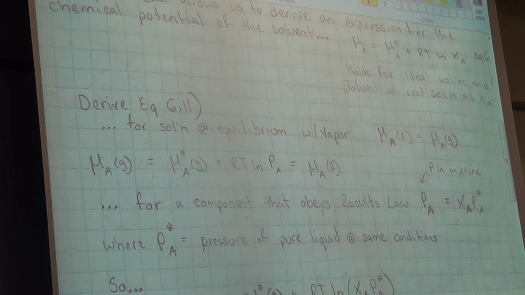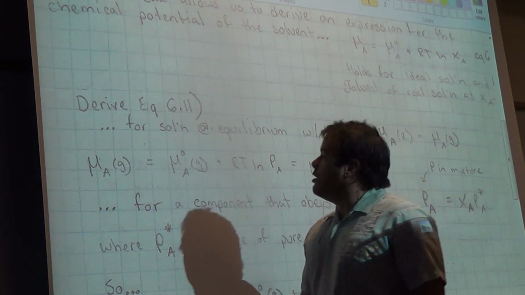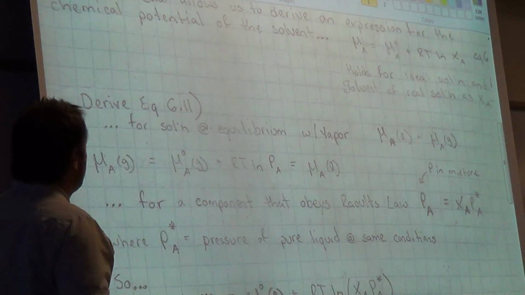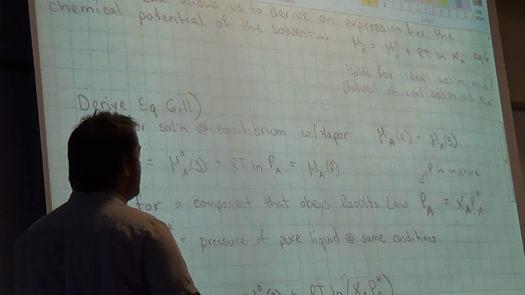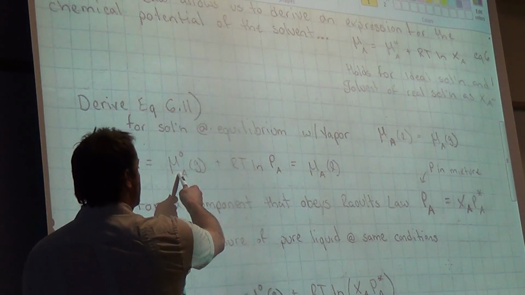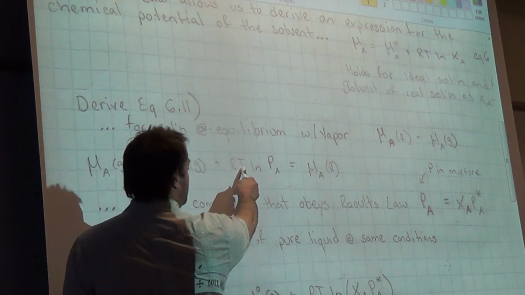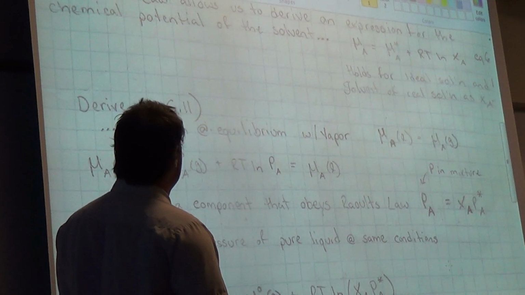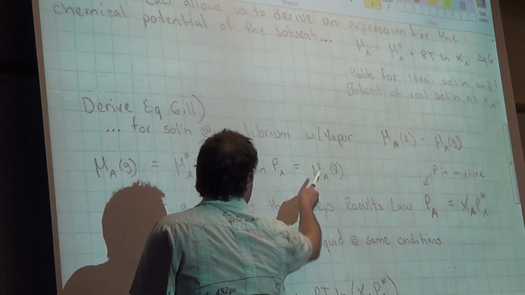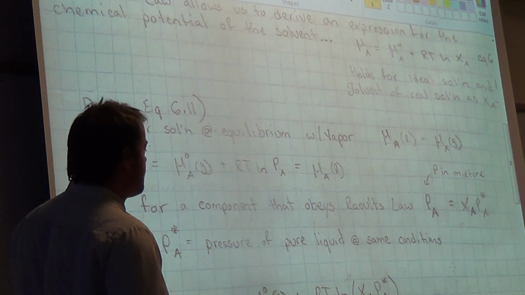So here is that derivation. We have that at equilibrium, the chemical potential of the gas phase, which we know is the mu naught plus RT ln P for whatever the observed pressure is, is equal to the chemical potential of the liquid phase.